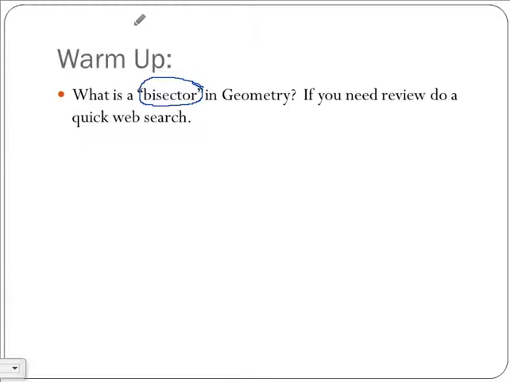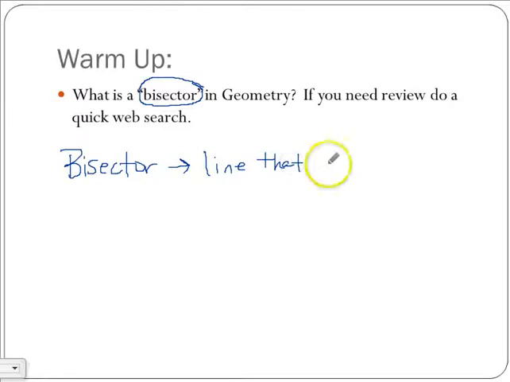So a bisector is a line that divides something. It can be an angle, it can be a line, it can be a segment.